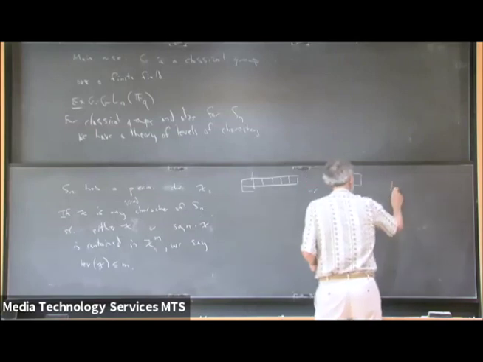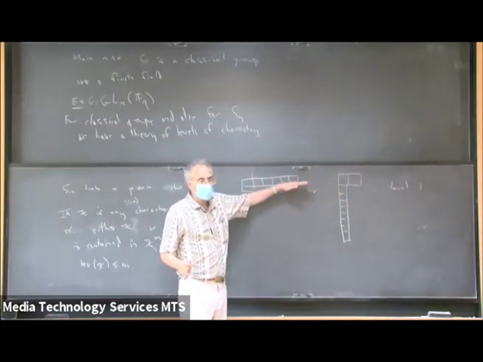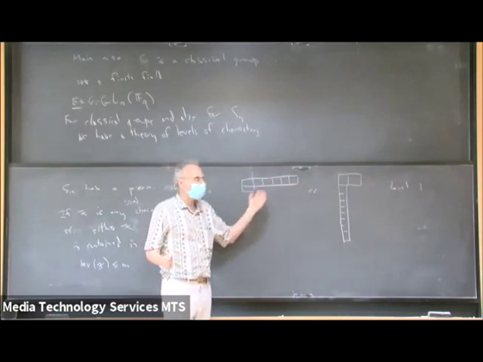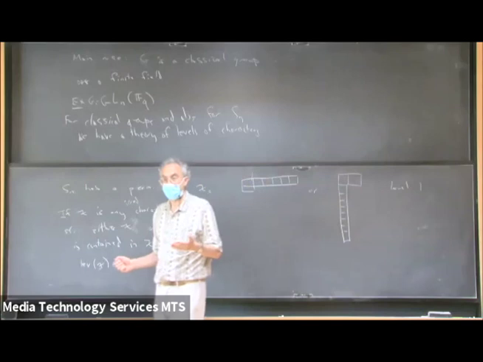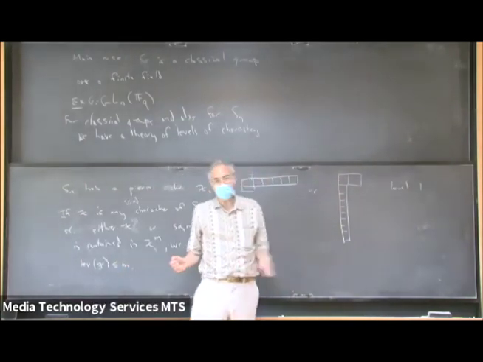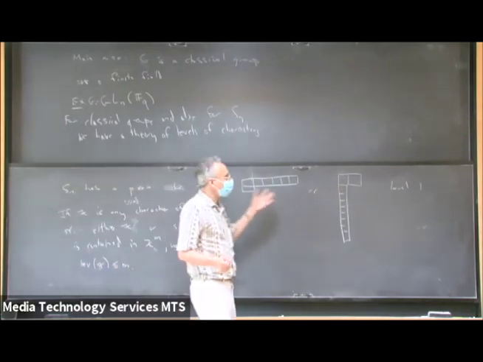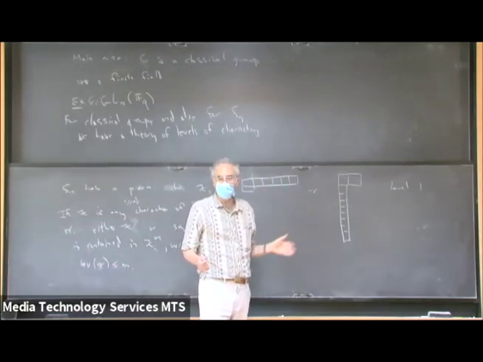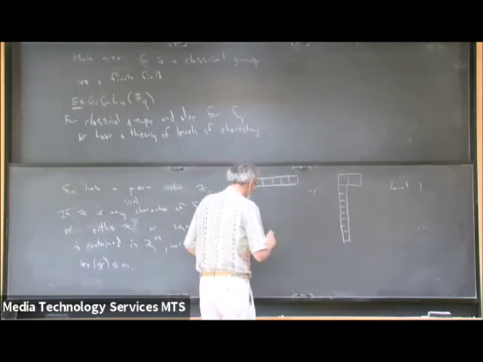And level 2, you'd have either a horizontal row of size n-2 and 2 more boxes, or you'd have a vertical column of size n-2 and 2 more boxes, and so on. Now, level is really useful when it's small. That's maybe kind of the moral.